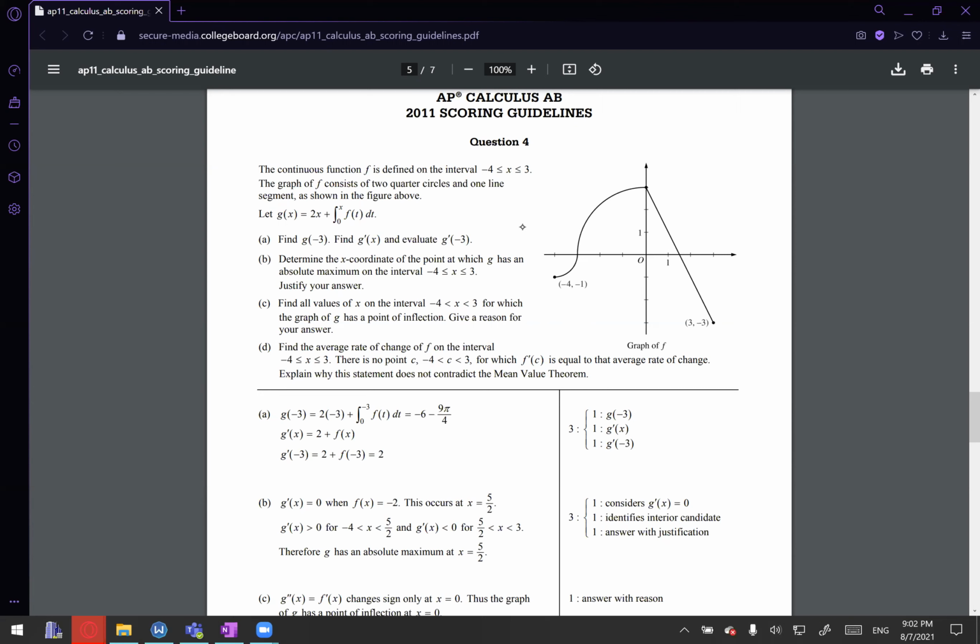When I go to find the integral from 0 to -3 of f of t, I do have to change our bounds in order to solve that, but it becomes -9 pi fourths because our radius here is 3, meaning this entire quarter circle has an area underneath it of 9 pi fourths. So this is -6 minus 9 pi fourths, and we get full credit for that.